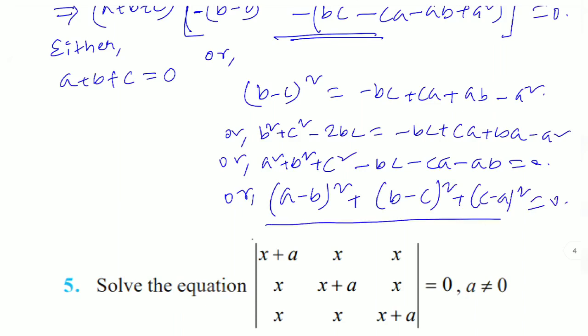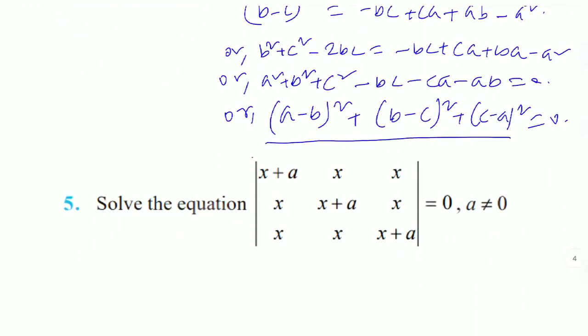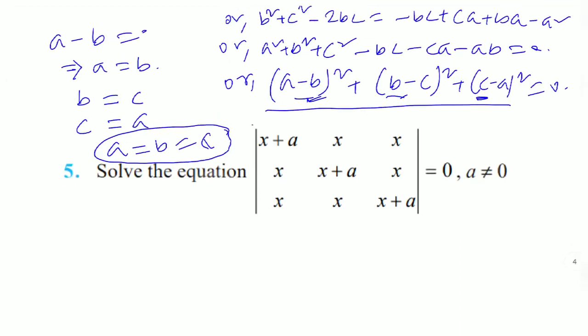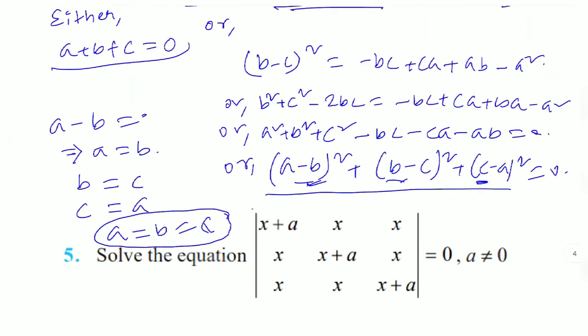Now this is only possible when these perfect squares are individually 0. So when a minus b is 0, then obviously a is equal to b. Similarly, b is equal to c and c is equal to a. Hence we have a equal to b equal to c, right? So this is the required solution. So these two are the required solutions.